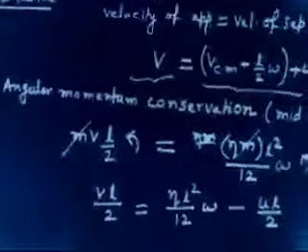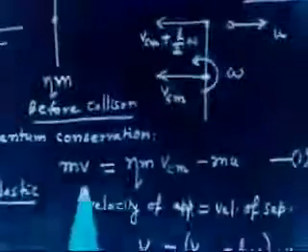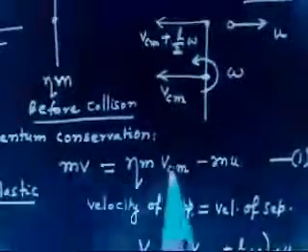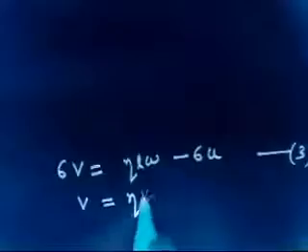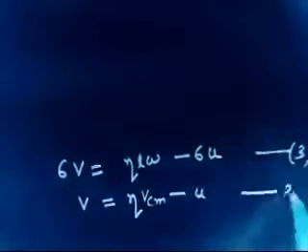No, it's right. Okay, let us write the first equation. So m cancels out, and we will have v equals eta times v_cm minus u. So let us plug this equation here: v equals eta times v_cm minus u. So this is my equation number 1.